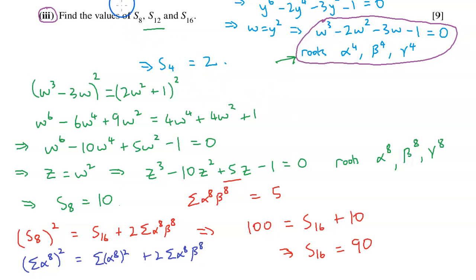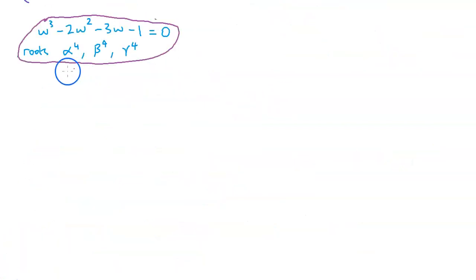So let's go and deal with that. Substituting the roots alpha to the 4, beta to the 4, and gamma to the 4 into this cubic equation, we get alpha to the 12 minus 2 times alpha to the 8 minus 3 times alpha to the 4 minus 1 equals 0, and the same for beta and gamma.